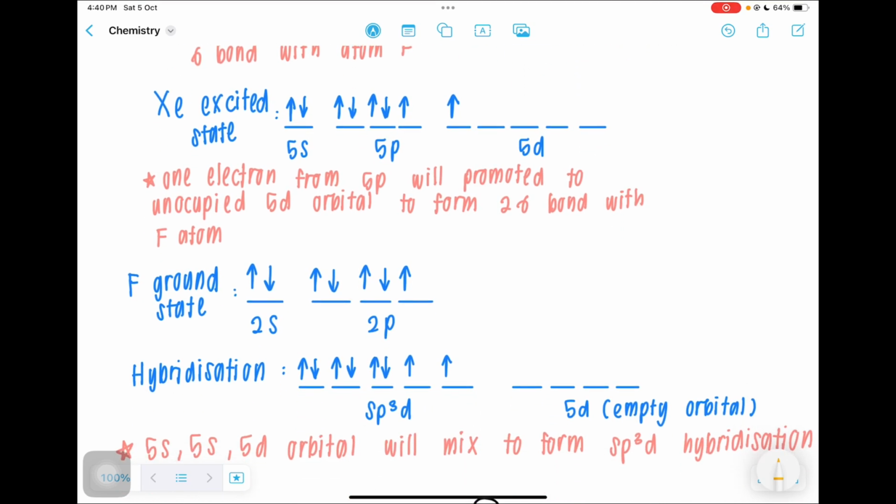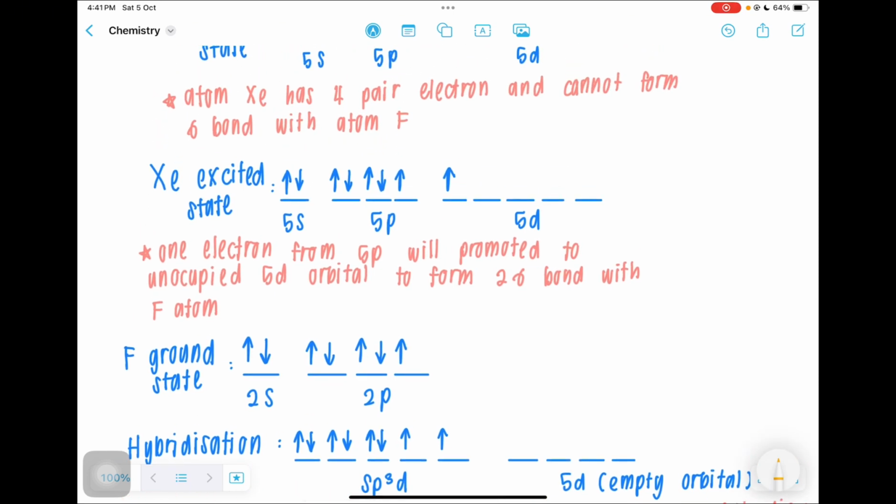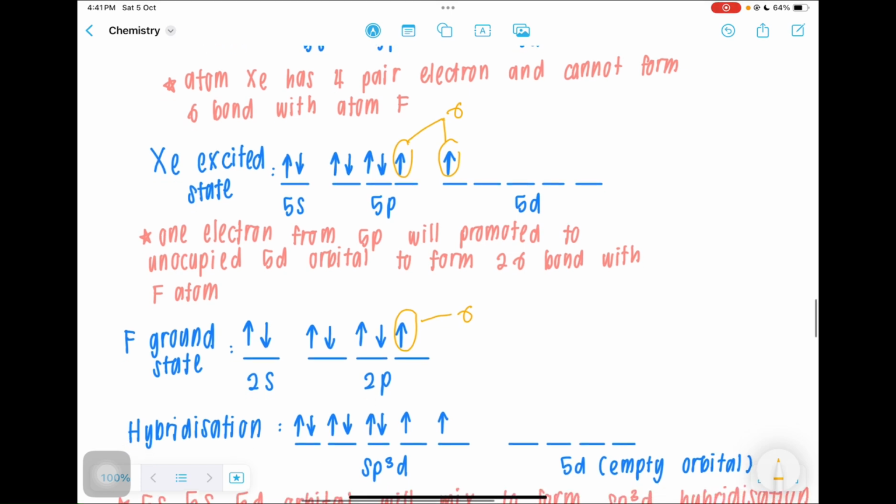And for the F ground state, we just draw the 2s and 2p. So here we can see they will form a sigma bond. This is for the sigma bond, and we share the sigma bond with the F atom.